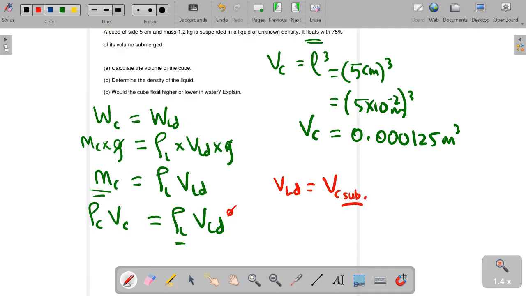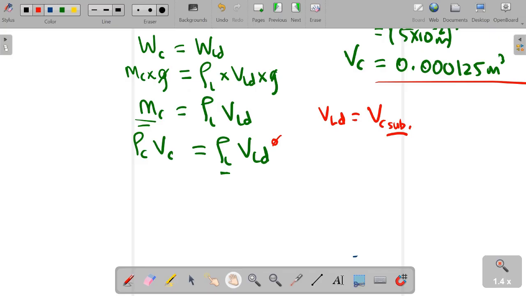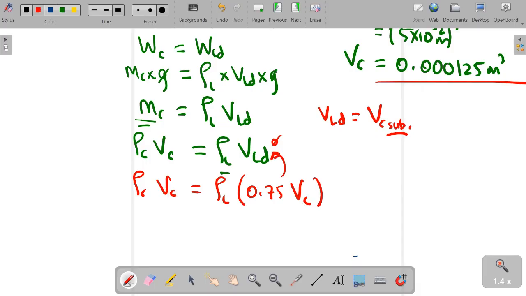So the volume of the cube submerged is 75% of this. So the density of the cube times the volume of the cube is equal to the density of the liquid, that's what we want to find, multiplied by 0.75 times the volume of the cube.